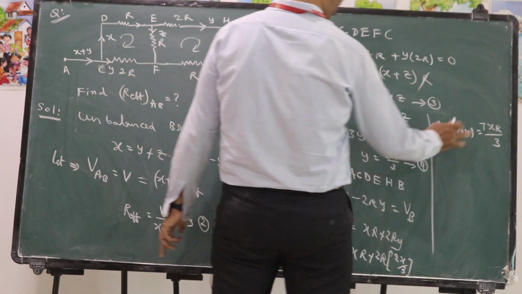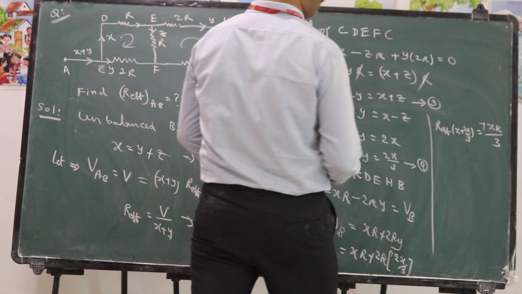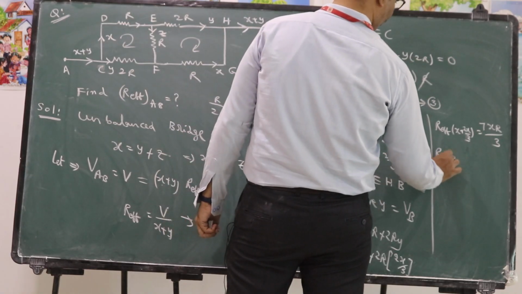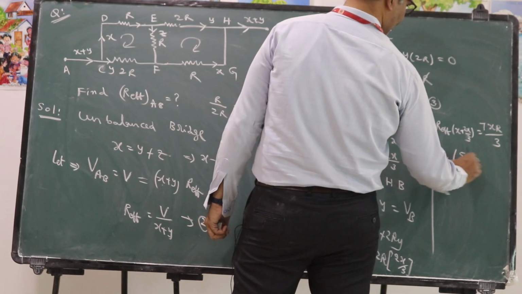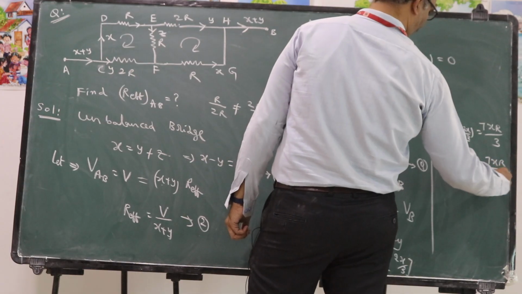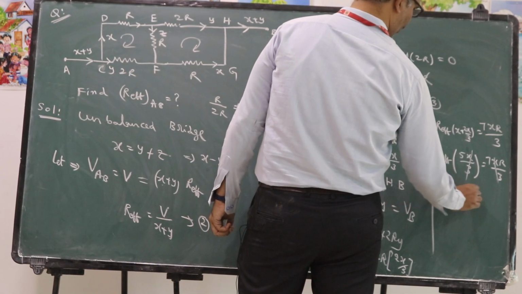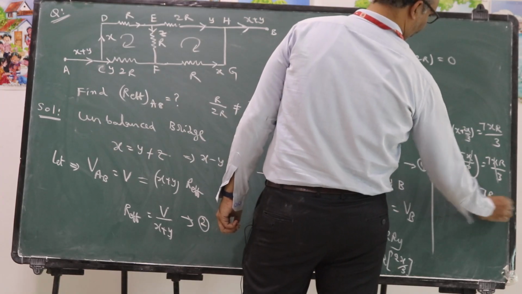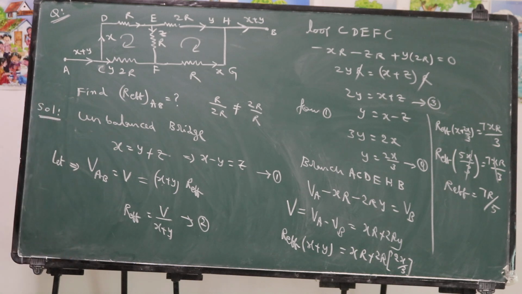In the place of Y, if I write 2X by 3 here, R effective into 5X by 3 is equal to 7XR by 3. X by 3 gets cancelled. R effective is equal to 7R by 5. That is the solution for this question.